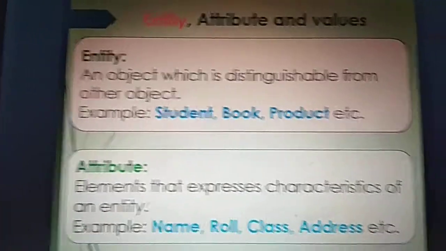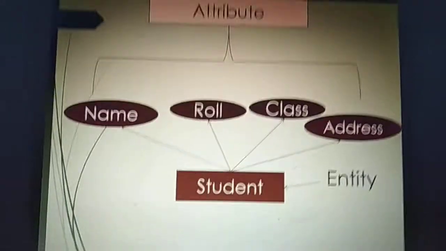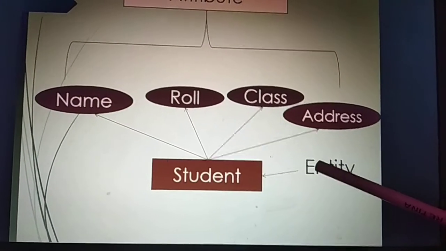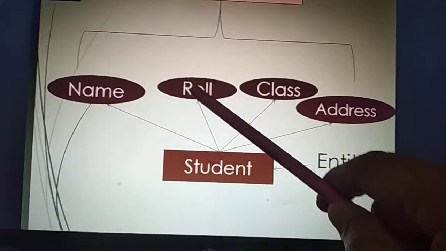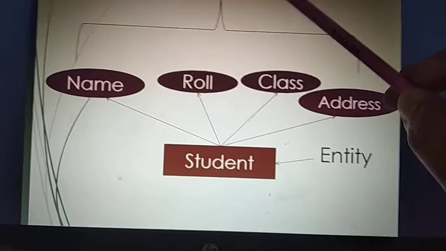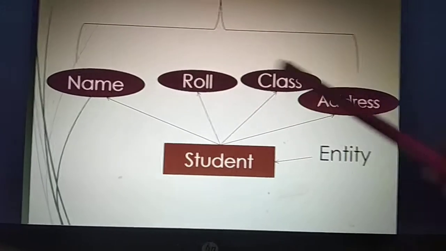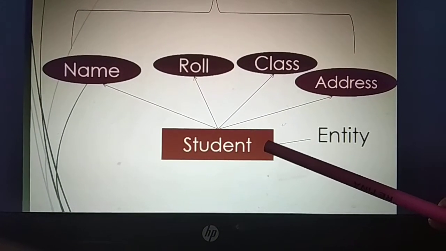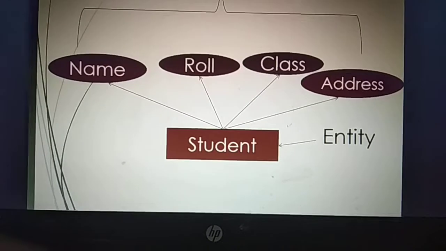Now see the example. Here student is the entity and name, roll, class, address, these are the attributes. So by using these attributes we can define characteristics of the entity student.